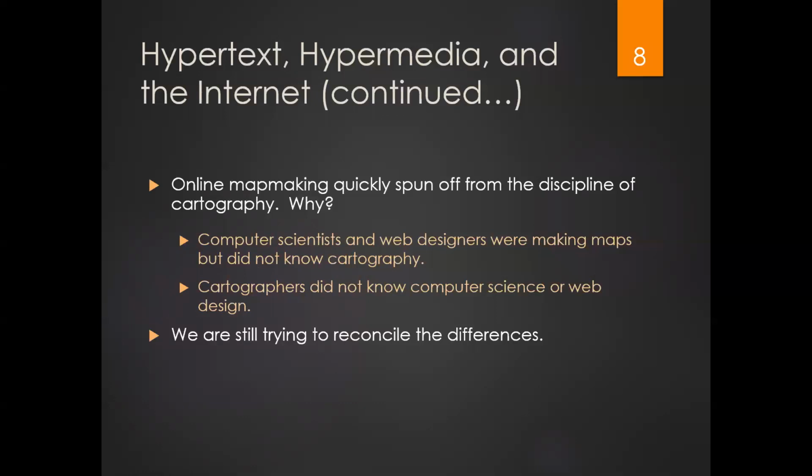Most of us don't know how to program properly and publish and make maps online and share them online. So there is this gap between computer science and cartography when we're trying to make maps online, right? So that's the gap we're trying to mitigate right now.